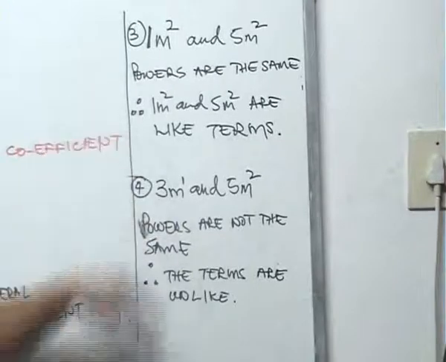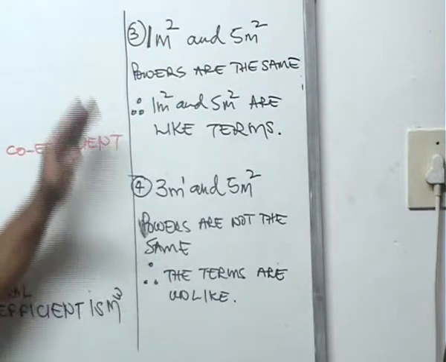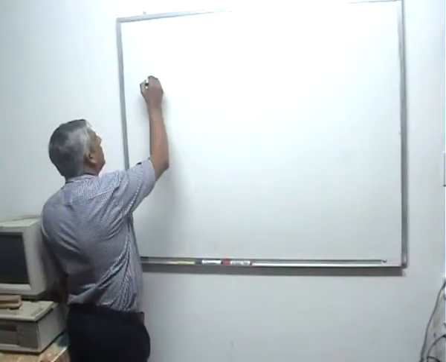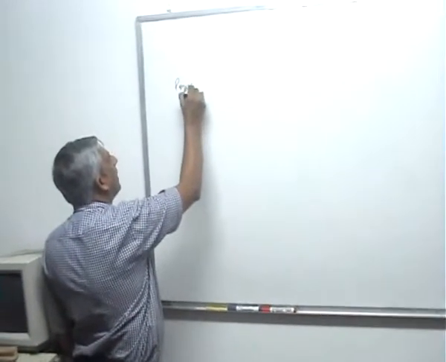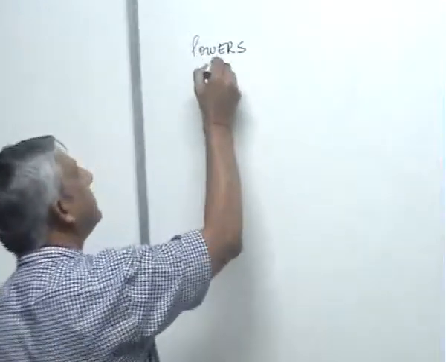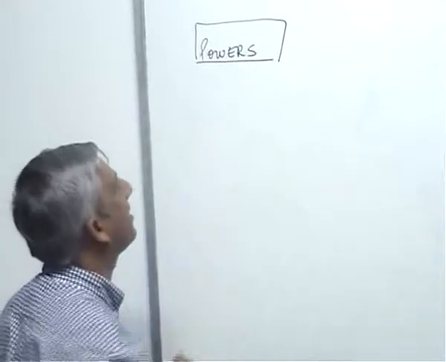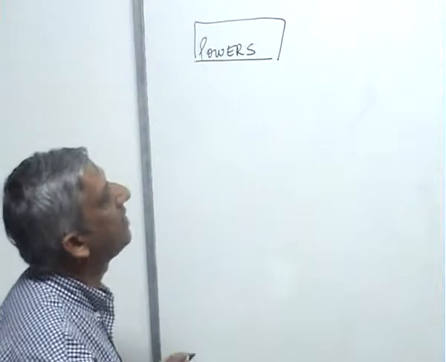So what we're going to do now is put in a little exercise, and then we're going to see which terms are like and which terms are unlike. Alright, now before we do an exercise on like and unlike terms, we need to get back to powers and clarify one more thing. We've got to make something clear.